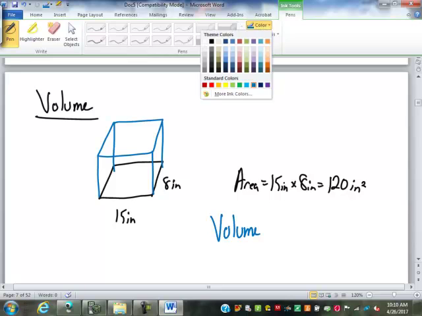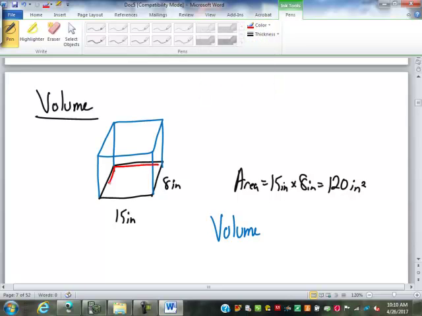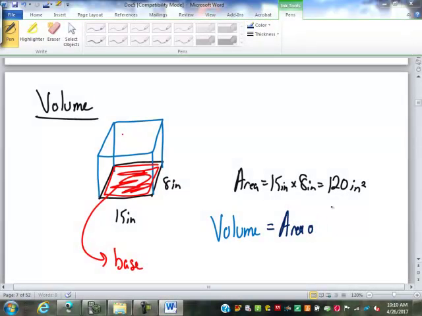The piece that we started with, that we moved to create this object, is called a base. A volume is defined to be an area of a base times that distance that it's moved.